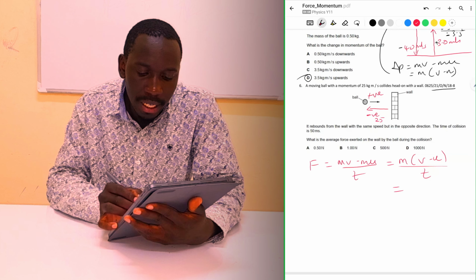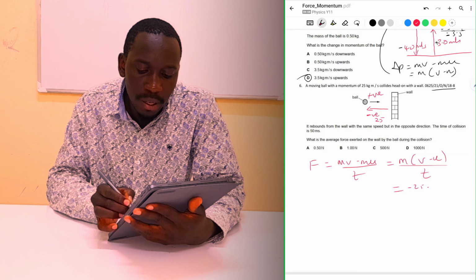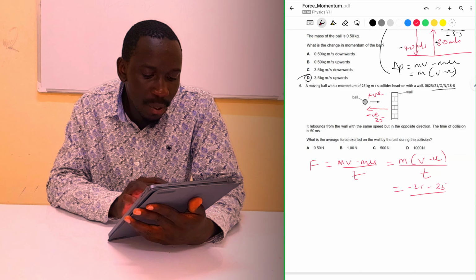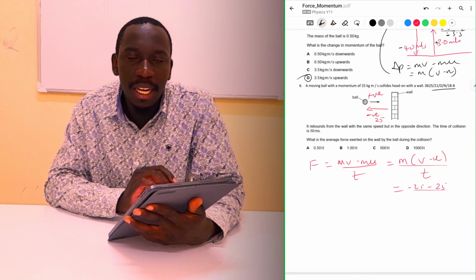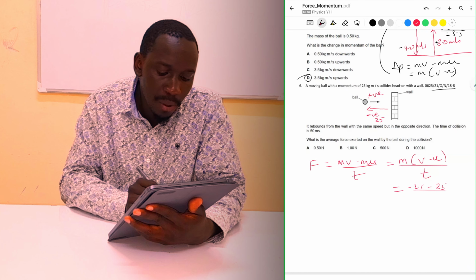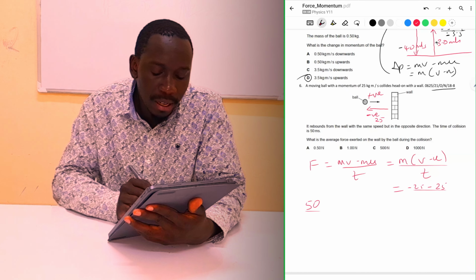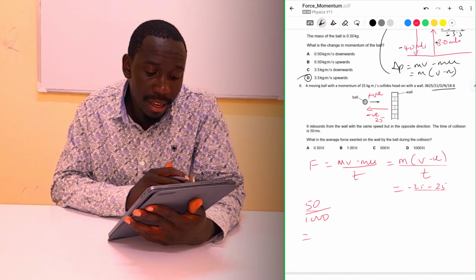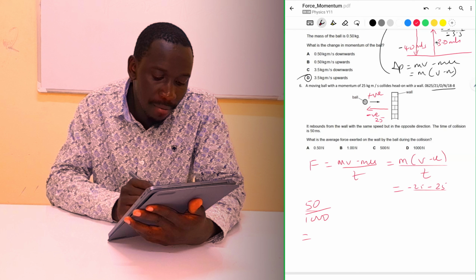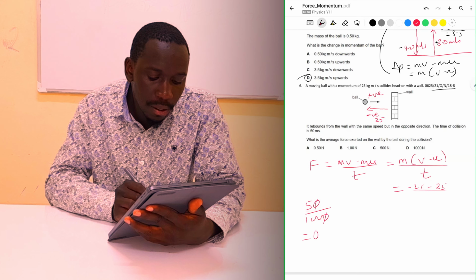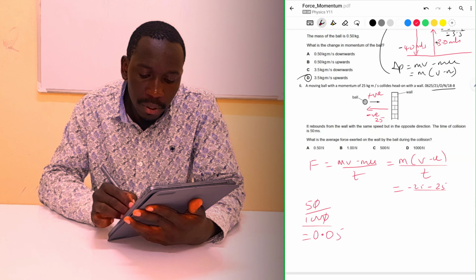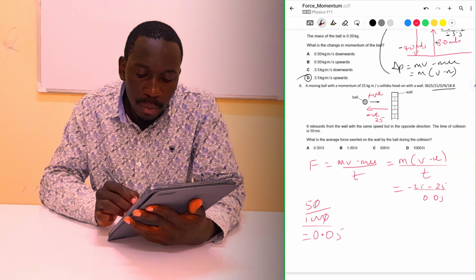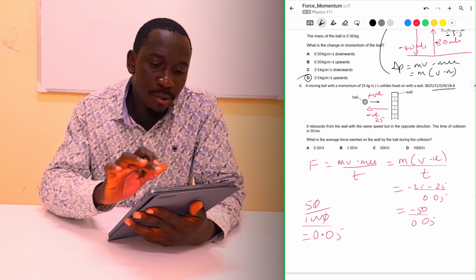That means we'll have negative 25 minus the initial one, which is 25, divided by the time taken, which is 50. M here means milliseconds. So that is 50 over 1,000. If you have a challenge with prefixes, we've done that topic, you can always refer. So this will be 0.05. So that will be minus 50 divided by 0.05.